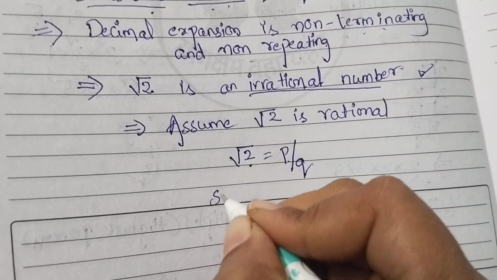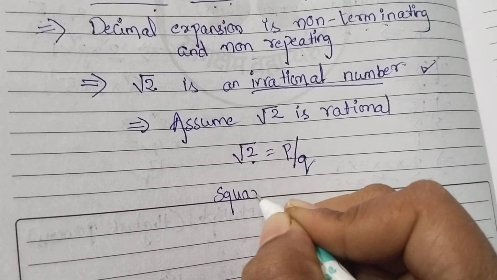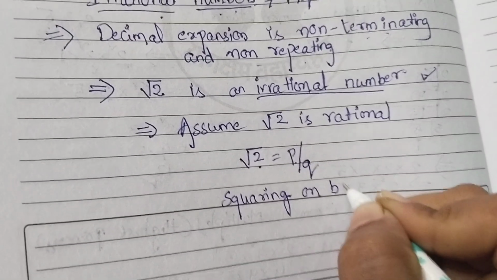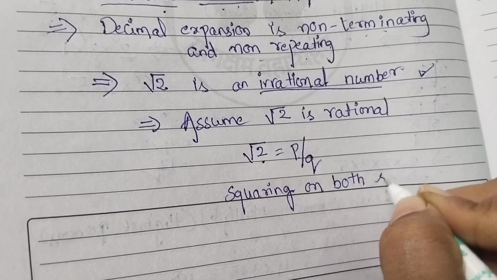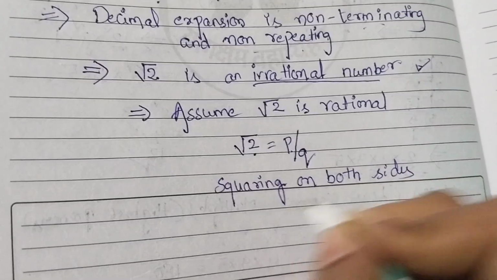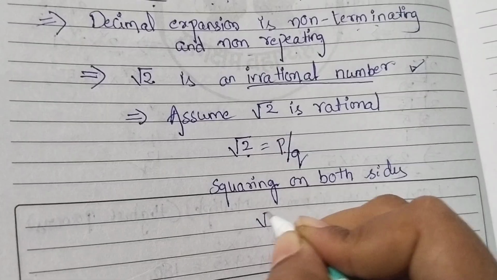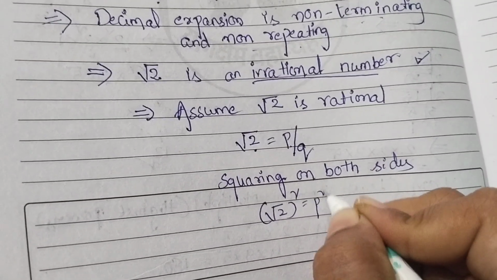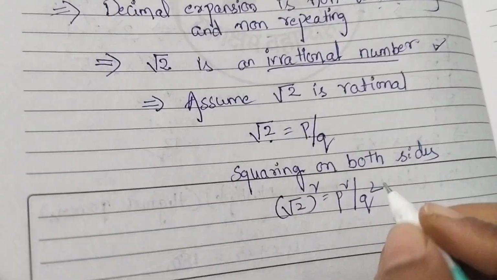Now squaring on both sides. Then root 2 whole square is equal to p square by q square.